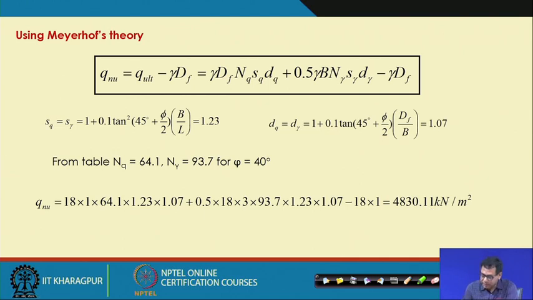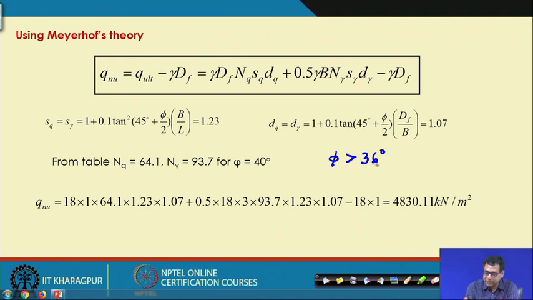Remember another thing I want to mention: here your phi value is greater than 36 degrees, so we can use this phi directly and go for the general shear failure. If phi is less than or equal to 29 degrees, then you have to go for the local shear failure.